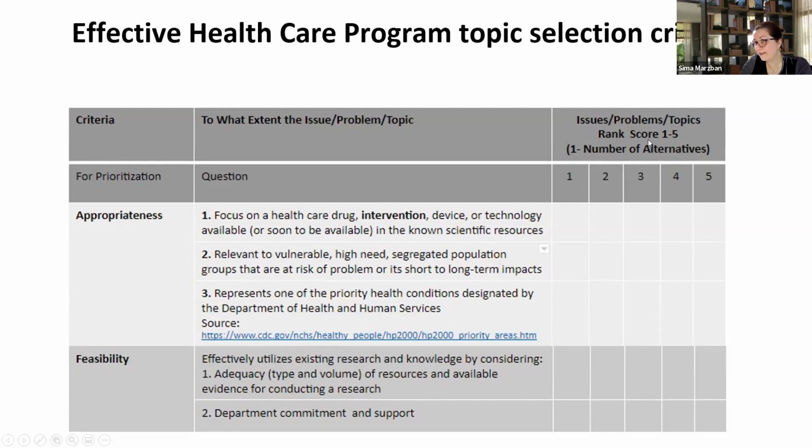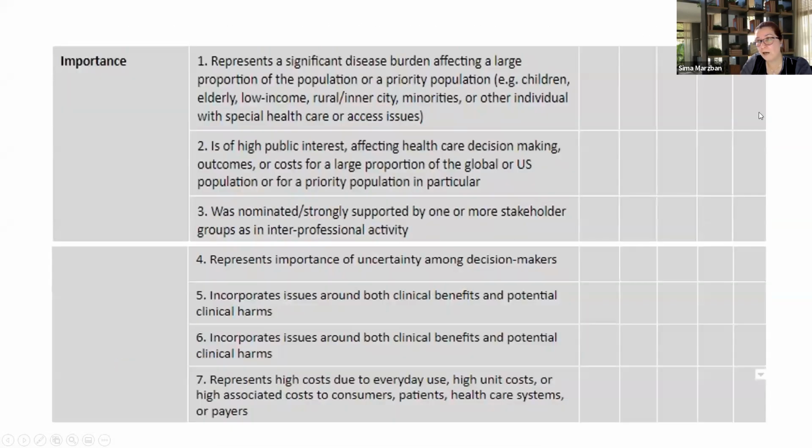So the scoring system is dependent on the number of alternatives because you're comparing each of these alternatives with the other ones. So 1 is the least and 5 is the maximized value of this alternative regarding appropriateness, of this alternative regarding feasibility, of this alternative regarding importance.